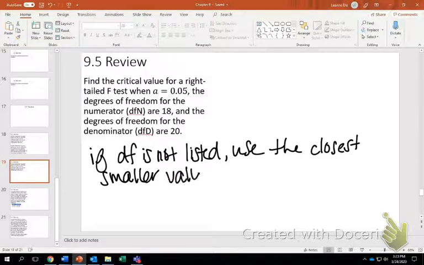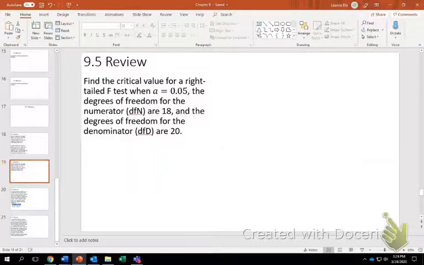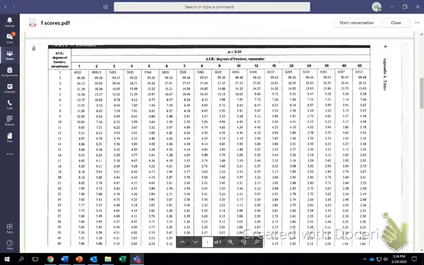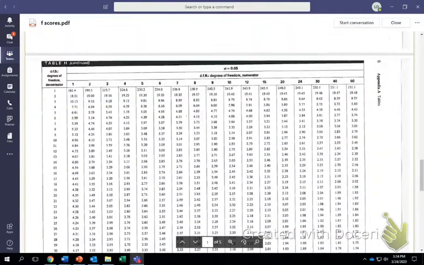All right, and that's pretty straightforward. So I'm going to go to my list. Okay, my alpha was 0.05. It was a right tail, so I'm going to go find that. I don't have to divide it.